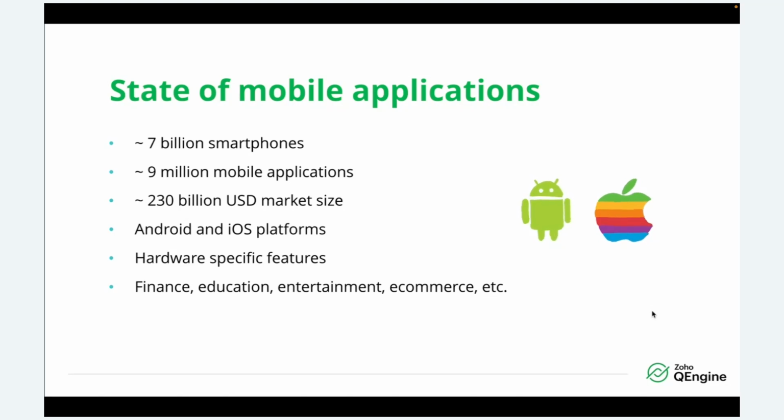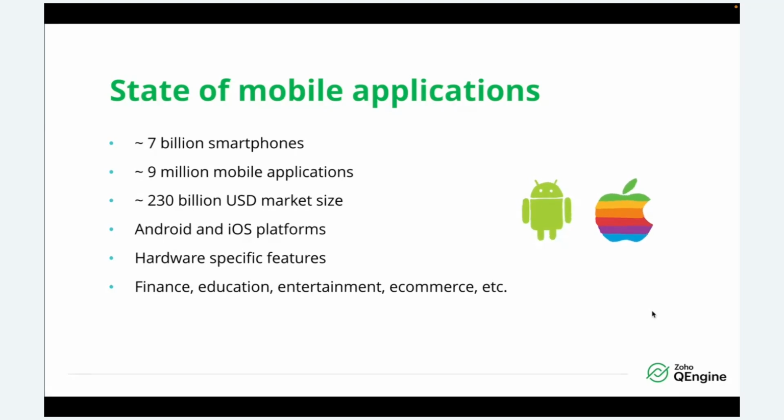When I'm talking about the market, there are two main platforms for mobile applications: one is Android and another one is iOS. These are the two prominent mobile operating systems, and the applications created for these platforms are what we'll be testing today.